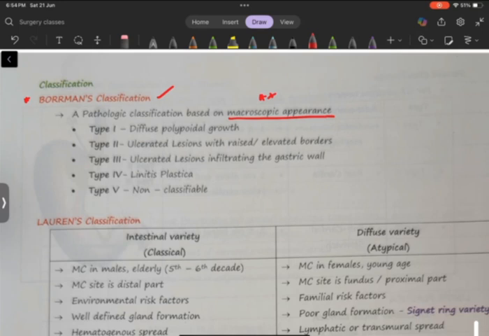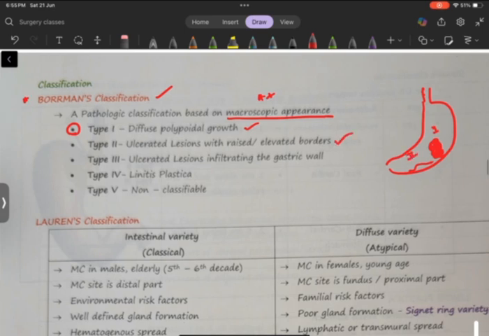If the tumor is a diffuse polypoidal growth, suppose it is like this, arising from here, if it is diffuse and polypoidal growth, then this is type 1. Type 2 is an ulcerated lesion with raised or elevated border. Type 3 is an ulcerated lesion infiltrating the gastric wall.